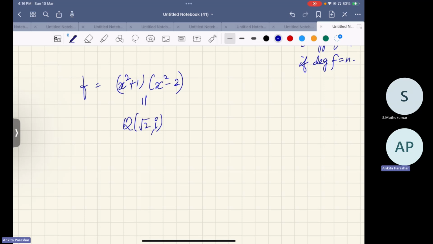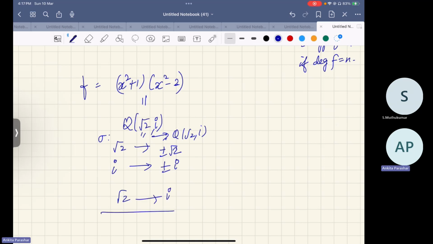Now, if I ask you where will you map root 2 and where will you map i, can you tell me where will you map root 2 under any automorphism sigma? Plus or minus root 2. And what about i? Plus or minus i. Why not root 2 maps to i? That is not allowed, right?